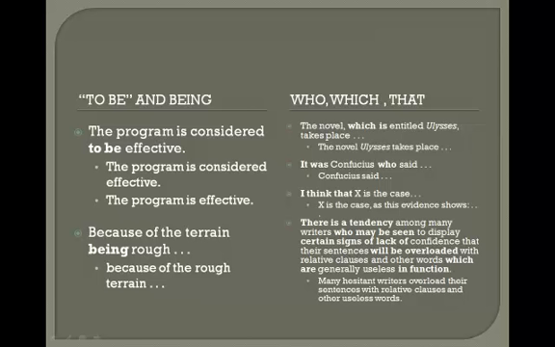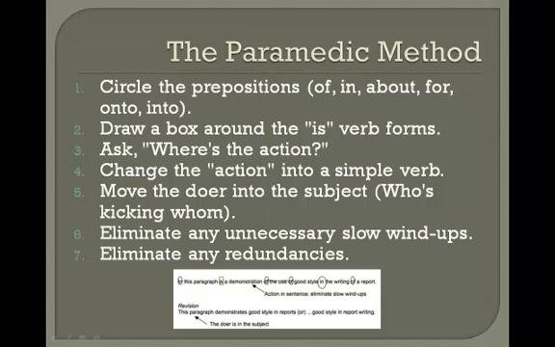For example, the novel, which is entitled Ulysses, takes place, blah, blah, blah. The novel Ulysses takes place. It means the exact same thing. We've just taken out a few words and helped the reader get to the topic of the sentence earlier, and therefore to the important part of the sentence earlier as well. Okay, there are some more examples there that you can look at.